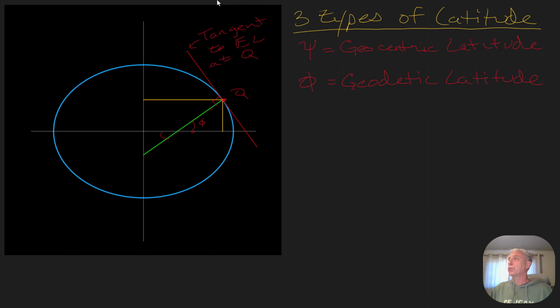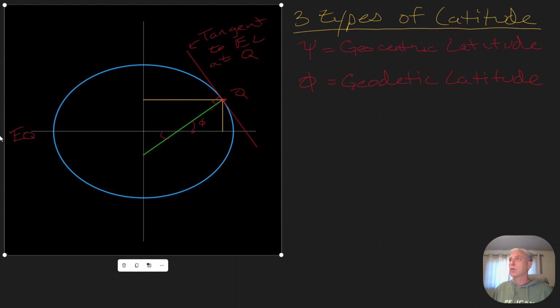Geodetic latitude is the angle formed with the equatorial plane. So I'll put EQ here. This is the equatorial plane. So phi is the geodetic latitude, which is defined as the angle between the equatorial plane and the normal vector to a point on the ellipsoid surface. Remember, we called that a normal vector.